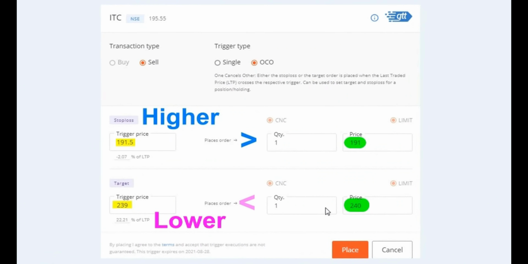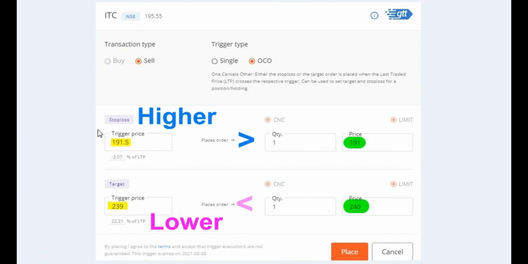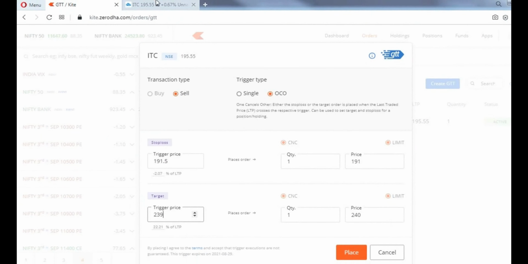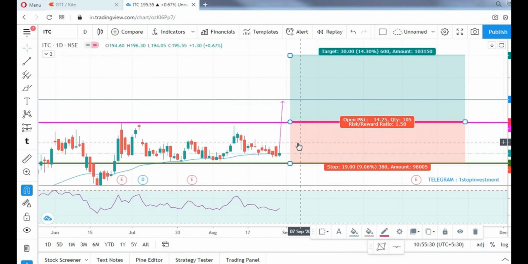Again to recap, in the OCO GTT, the stop loss trigger price should be higher than the limit price and the target trigger price should be lower than the limit price. Because once the market price is going down, we need to place the order before it hits the stop loss price. Also, if it is moving up, we need to place our limit order before our target price.